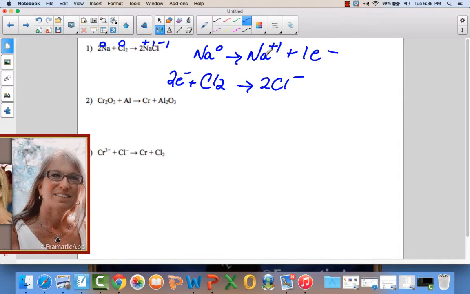Now, if I wanted to balance this half reaction, because I just pulled things out singly, I have to get my electrons to balance out. So I would multiply this whole equation by 2. Then I'd have 2Na, 2 electrons, and then my electrons would cancel out.